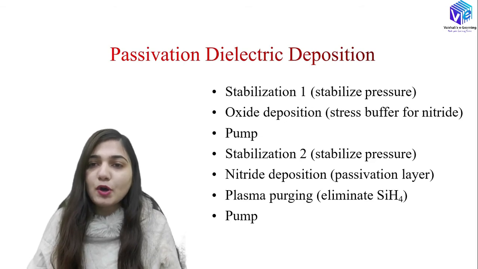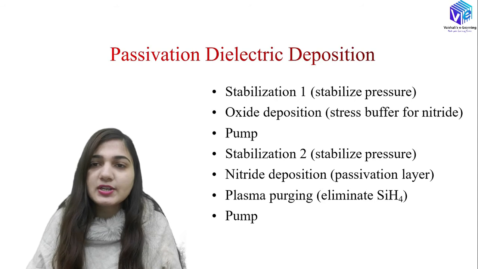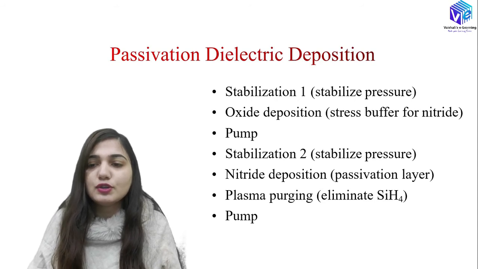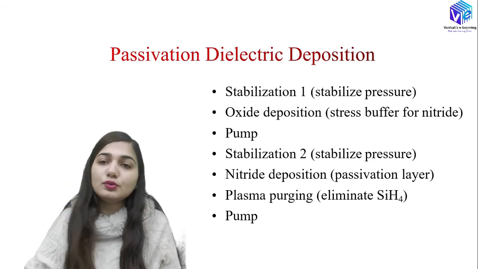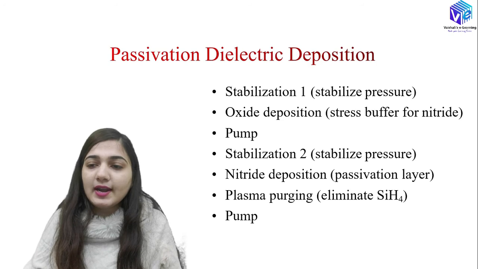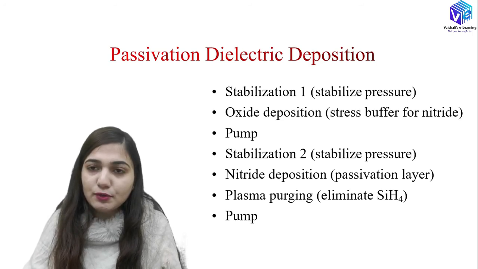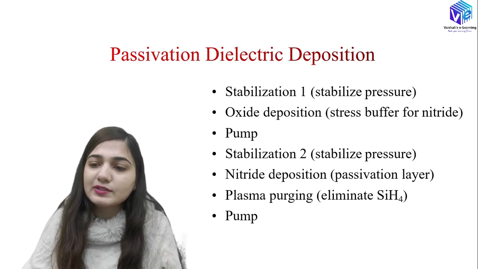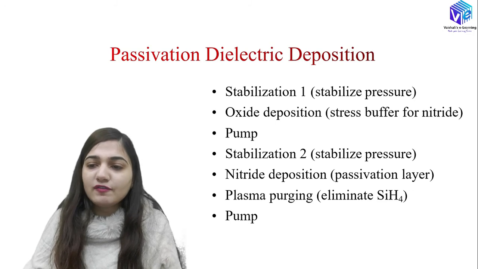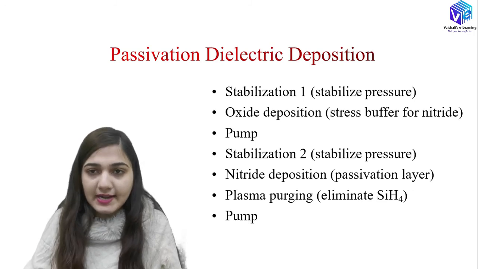So what is the process for this passivation layer deposition? First of all, we are going to do the first stabilization. We are going to stabilize the pressure, then we are going to do the oxide deposition, right? So as I told you, first of all, we have the thin oxide layer, which is going to give me a stress buffer from the nitride layers.